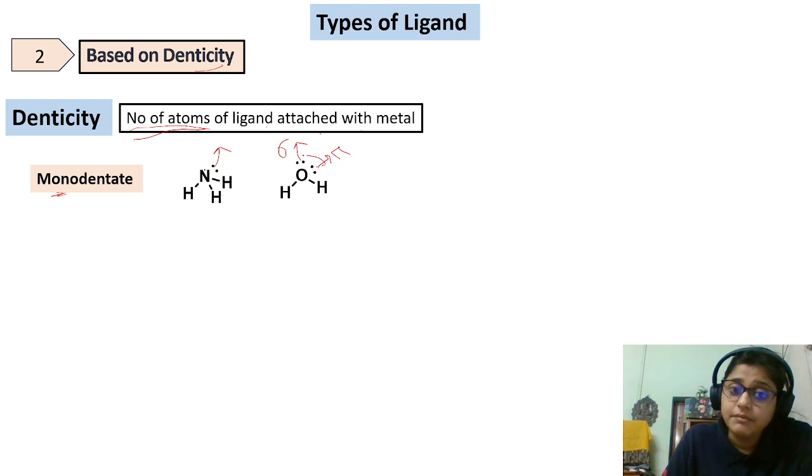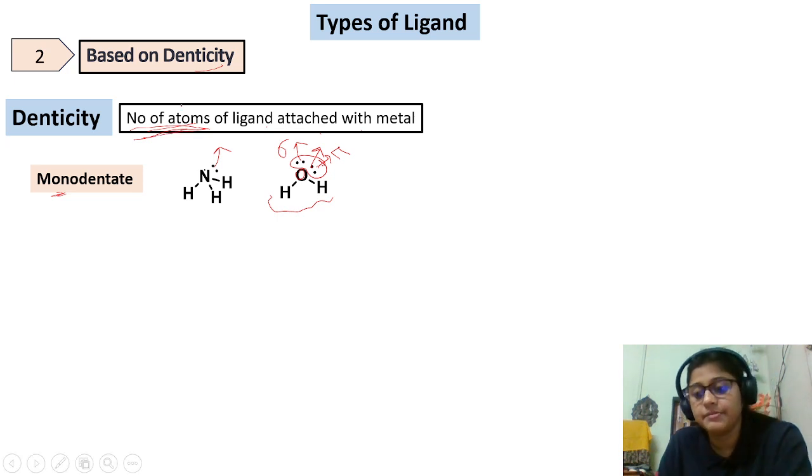But these two electron pairs are donated by H2O. Even if that happens, we cannot say it is bidentate. It will be monodentate only. Why? Because only the oxygen atom is donating. So the number of atoms is the most important thing here.